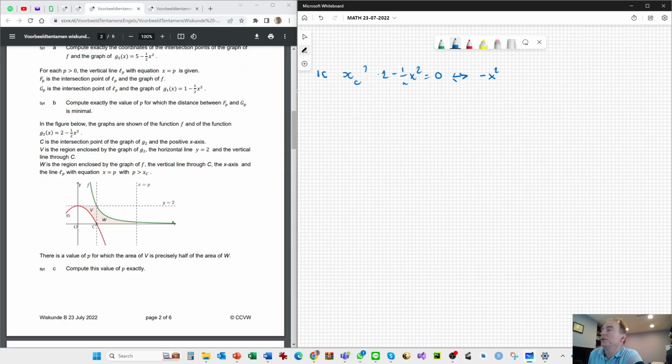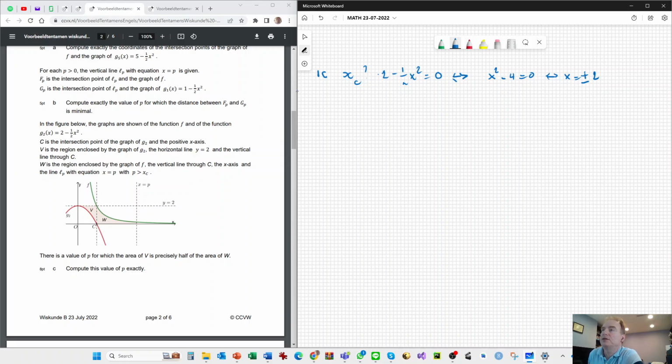Multiplied by minus 2, it's going to be pretty simple. You get x squared minus 4 is equal to 0, which means that x is plus or minus 2, but we should rule out negative 2.